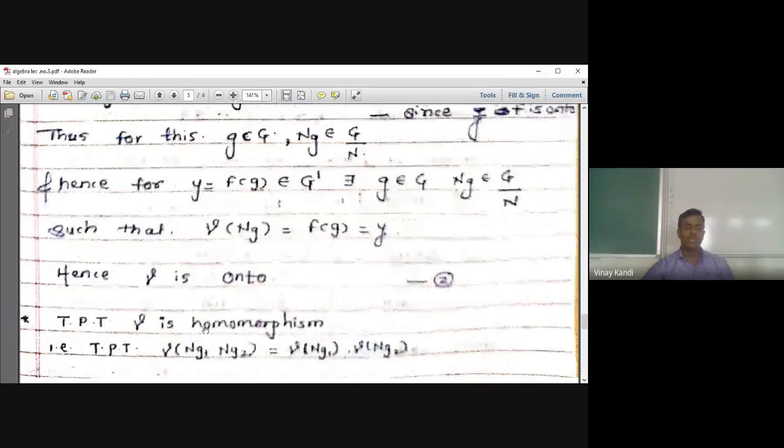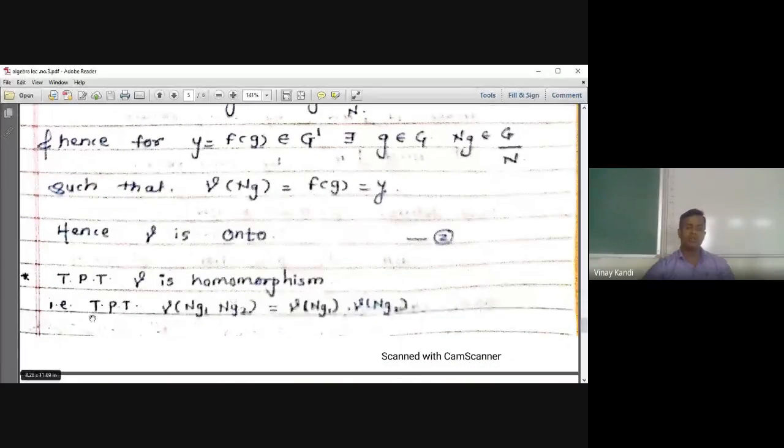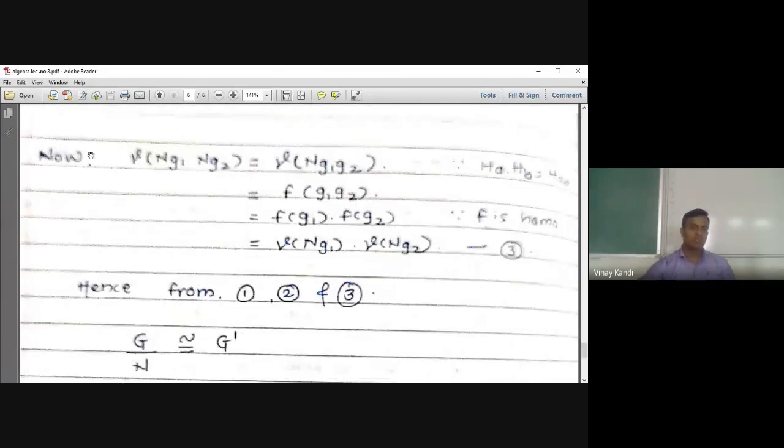To prove the homomorphism, we have to prove that gamma of Ng1 into Ng2 is equal to gamma of Ng1 into gamma of Ng2. For this, let us assume gamma of Ng1 into Ng2 is equal to N g1 into N g2. By the definition of right cosets, we write it like this, Ng1g2.